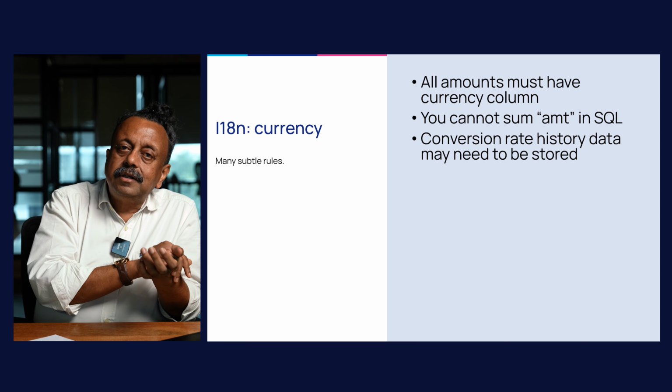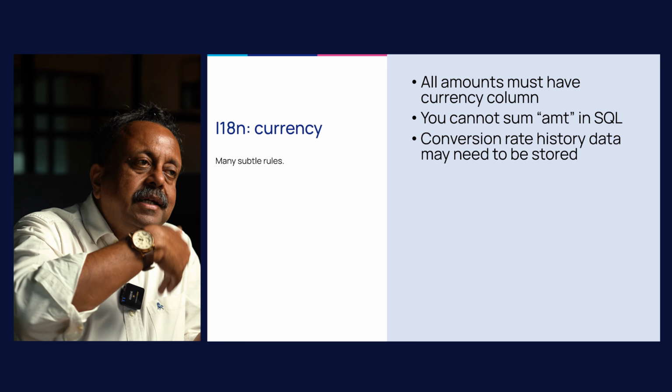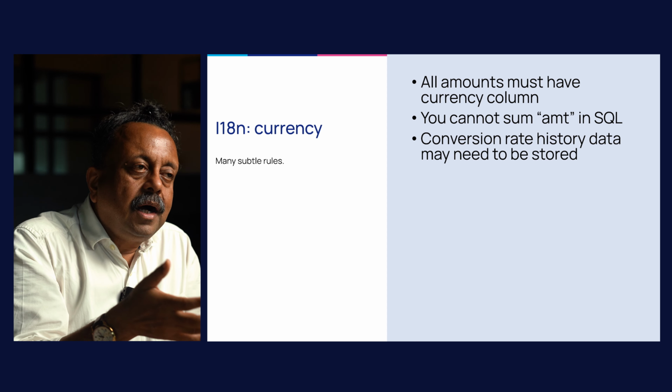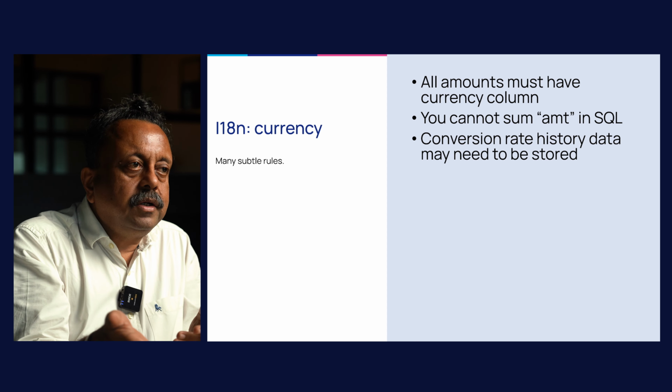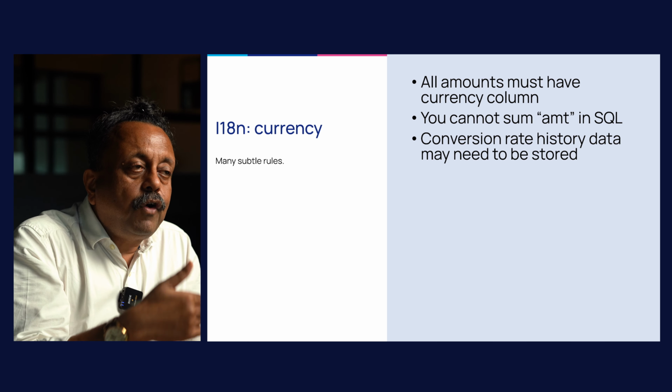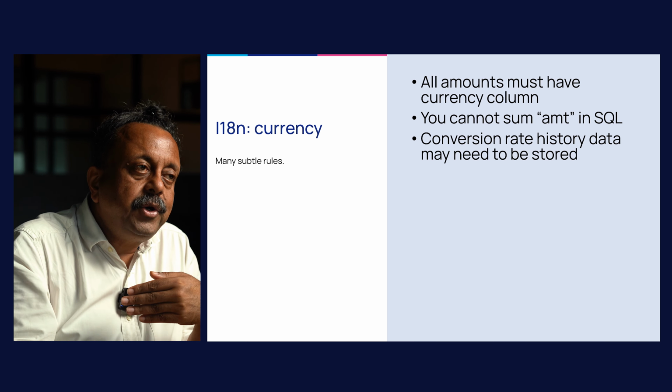How do I convert? I am getting the data of the last 5 years. How do I convert dollars to rupees or rupees to dollars or dollars to pounds for 5 years sitting today?